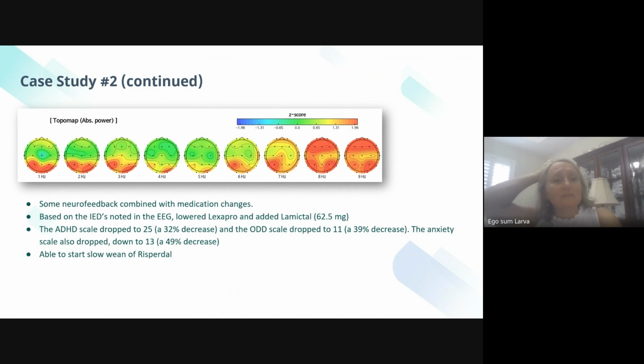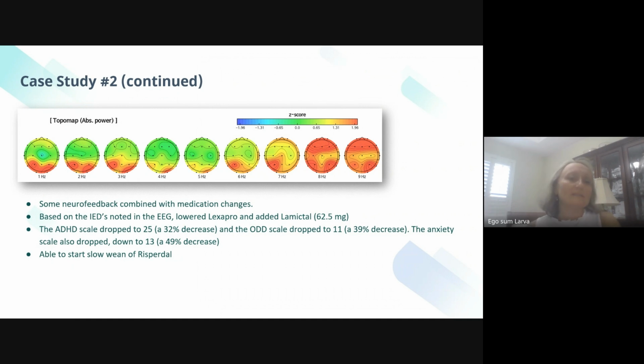He was initially on an SSRI and some Risperdal, but even with a pretty decent dose of the Risperdal, he was still having lots of behavioral outbursts. I think we tried him on an alpha agonist too, but nothing was really helping him that much. So we did an EEG and we did some genetic testing too, to try to get more clues about what might be a better fit for this kid.